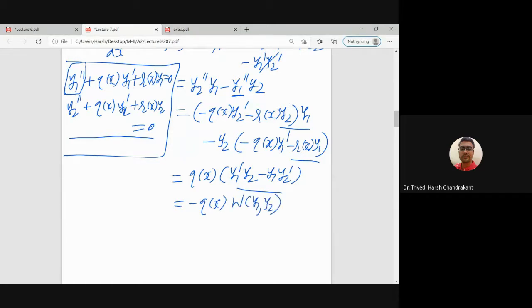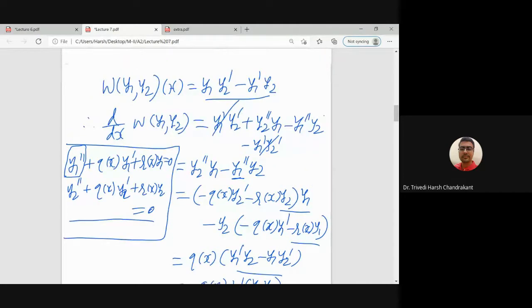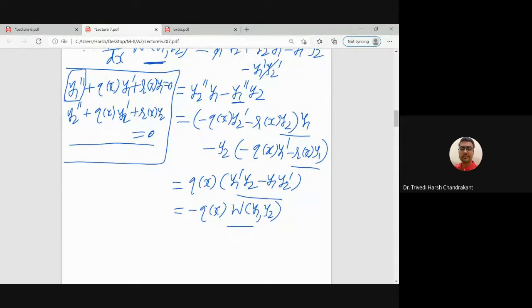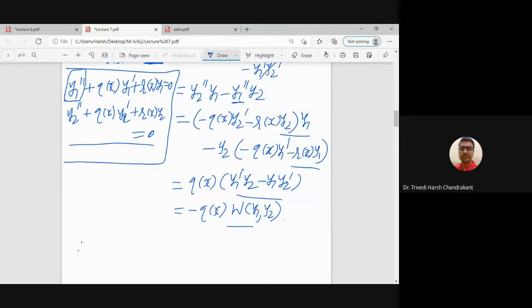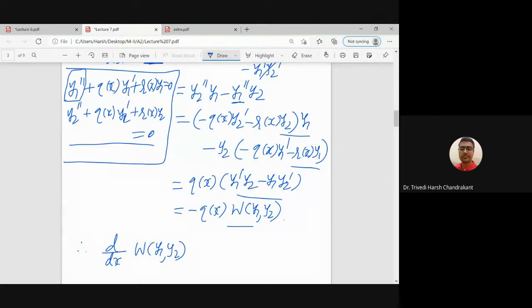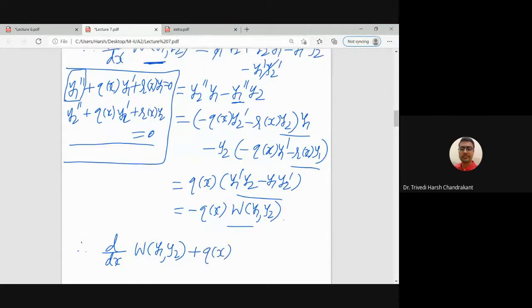So what we got is the derivative of the Wronskian is minus qx times the Wronskian. Let us write this down. Therefore, d by dx of the Wronskian is equal to minus qx times the Wronskian. We can take this to the other side.